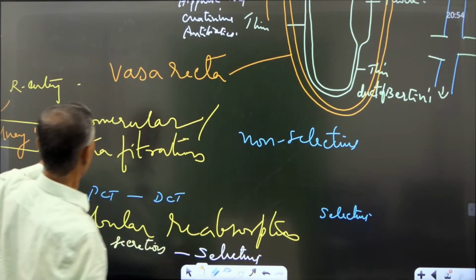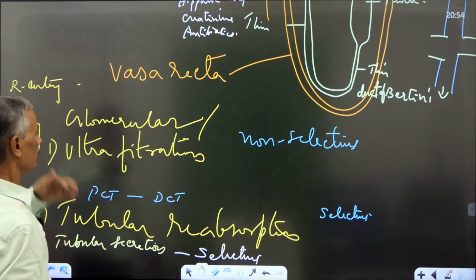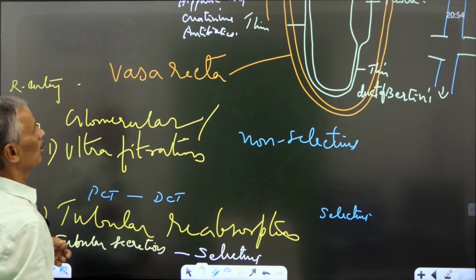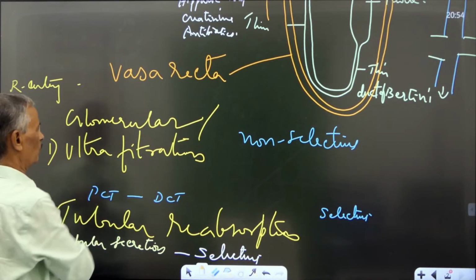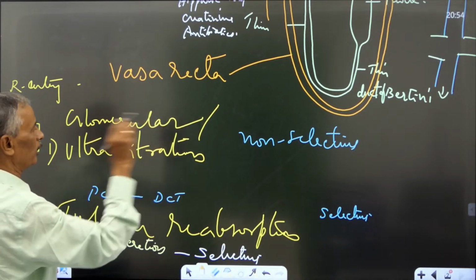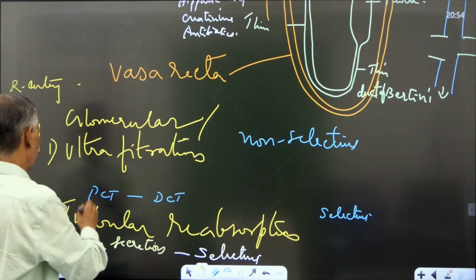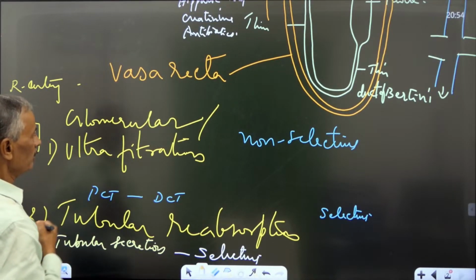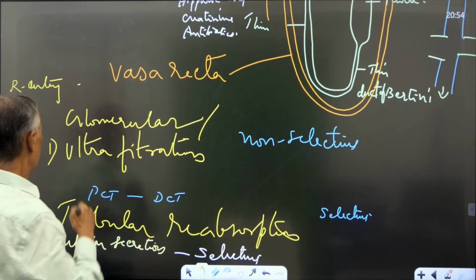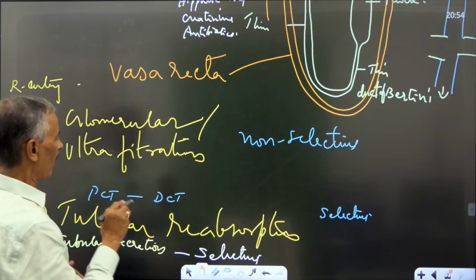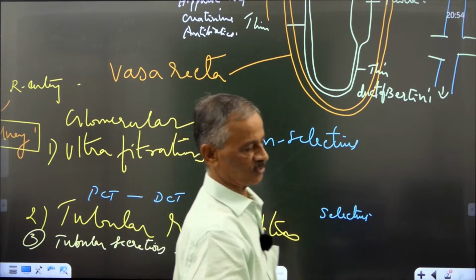So, you have three important events in urine formation. Ultrafiltration is number one, which is the only non-selective process. The second one is tubular reabsorption, a selective process, and tubular secretion is also a selective process.